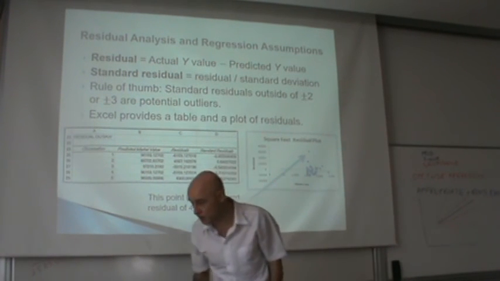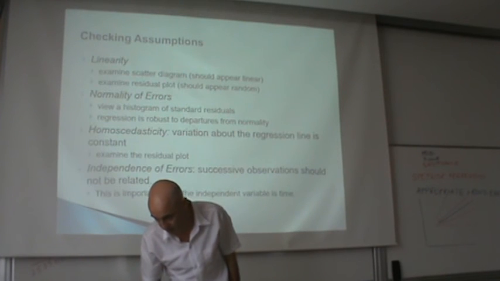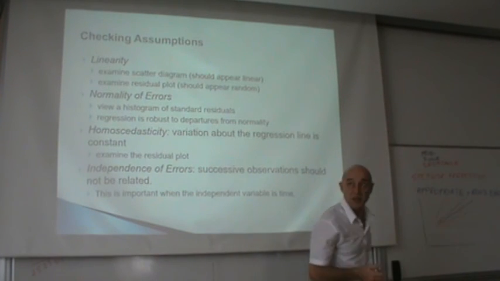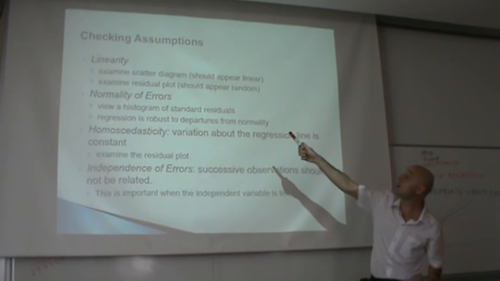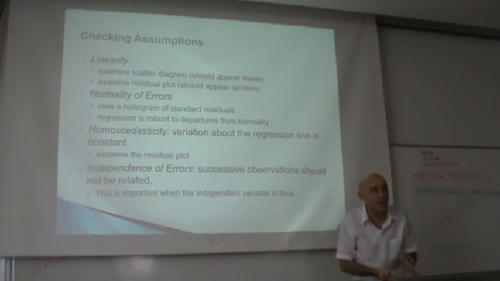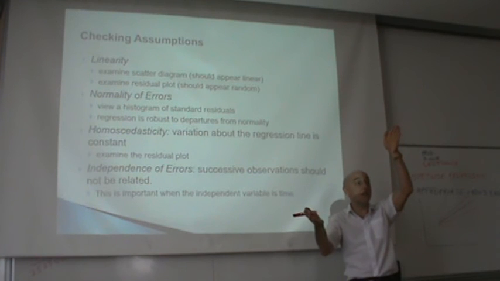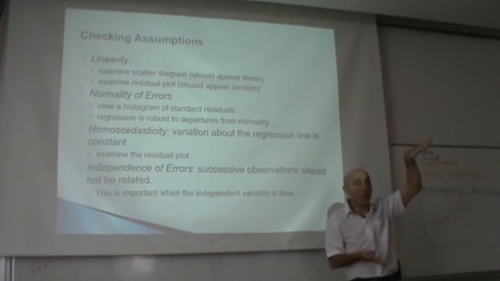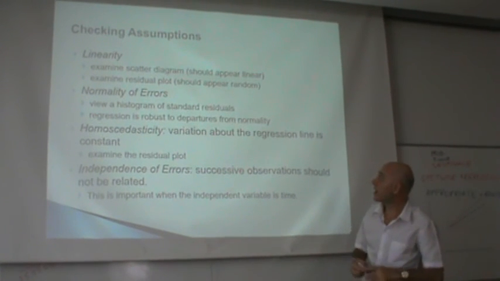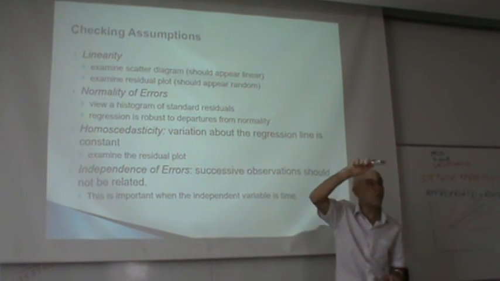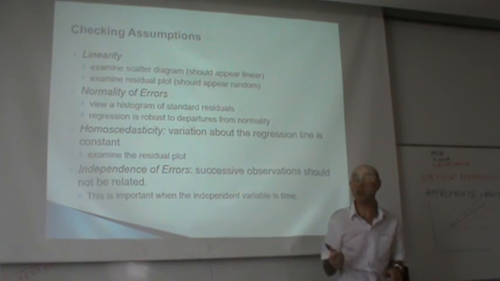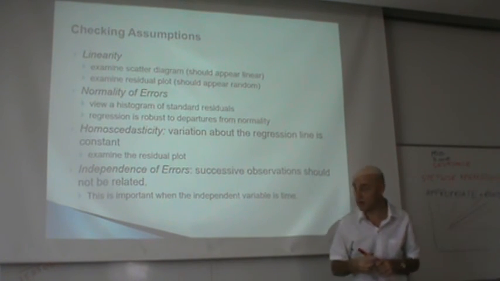Probably slides will be coming later. Yes. So overall, they have to be linear, okay? So you cannot have the residuals looking like a funnel that opens up or closes, okay? The residuals should have a normal distribution around the mean, okay? That's also very important.